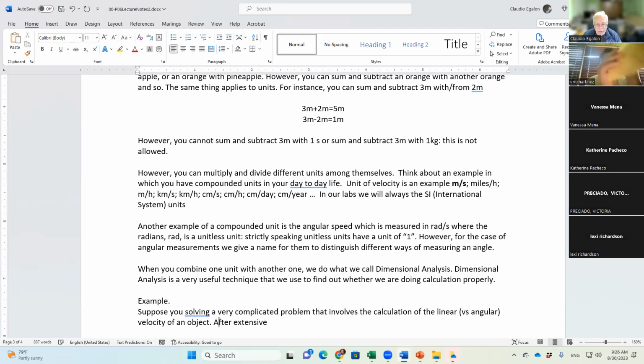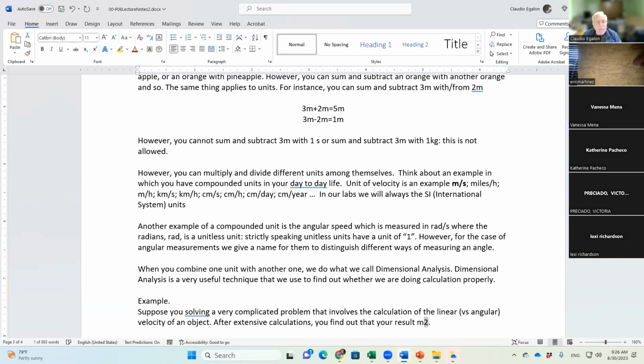After extensive calculation, you find out that your result ends up being meter square.